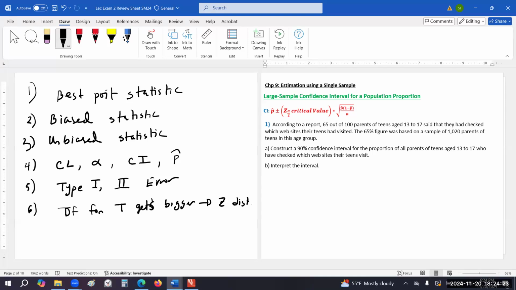What else did I talk about? Today I talked about two types of chi-square tests. What are the types? When do you use each type? Things like this, okay?